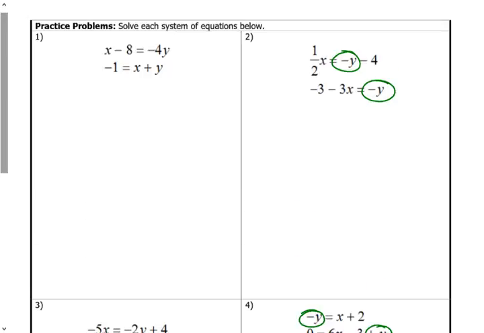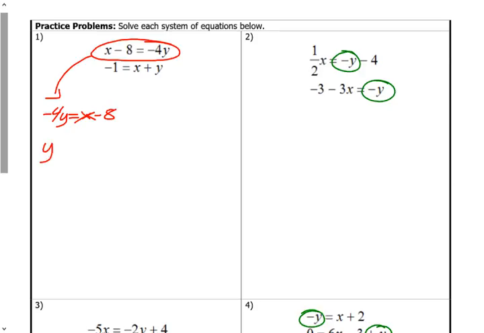So let's go, and number 1, I decided on graphing. So what we're going to have to do is solve both of these equations for y. So the first one, I'm going to come and I'm going to flip it around by using our symmetric property.